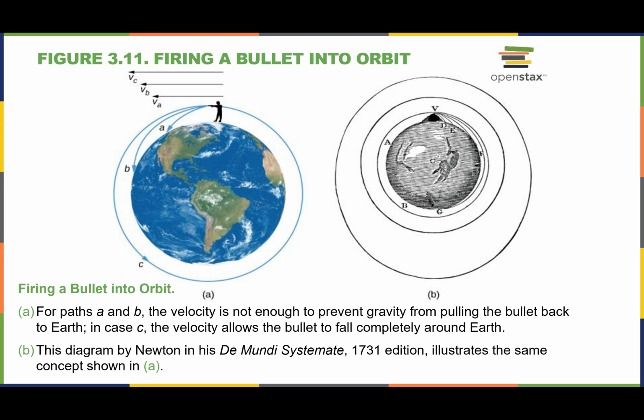B is even faster, and C is even faster. So eventually, the guy with the gun shoots it fast enough that even though it falls to the earth, as it falls, it misses the earth. So it keeps falling, but it's missing the earth based upon how fast it went in the first place. Soon enough, it ends up shooting him in the back. That's what that looks like.